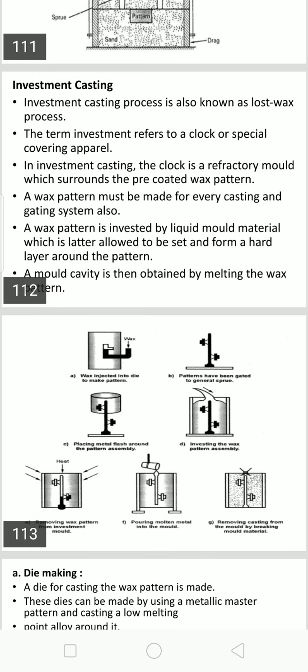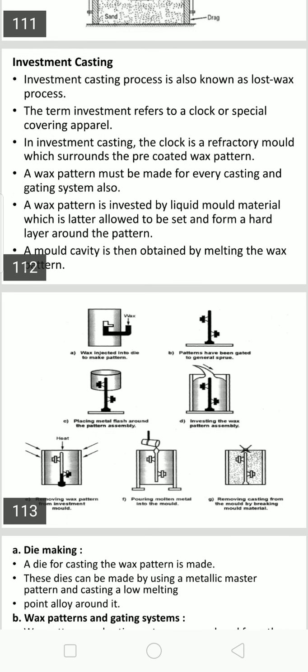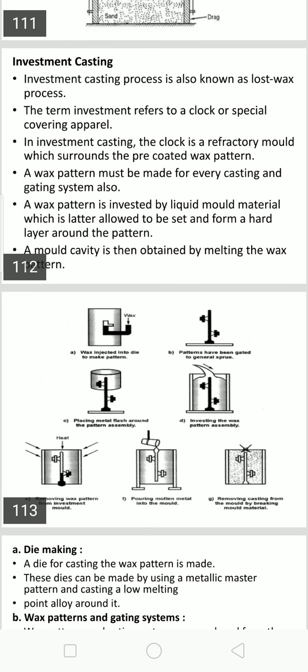Some of the important procedural steps involved are die and pattern making. For making wax patterns, suitable metal dies are required. These dies are made either by machining or by casting a low melting alloy around the metal master pattern. Usually dies are made in two halves for easy and quick operation.